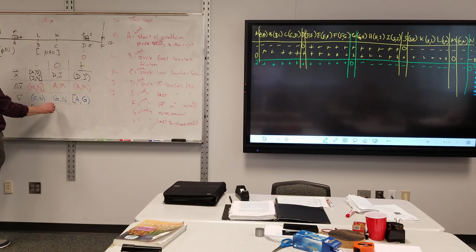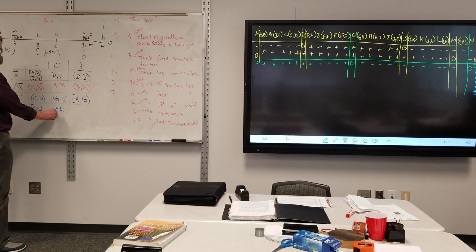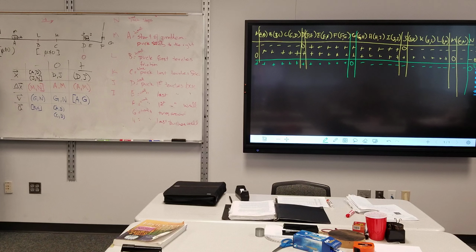So it's zero from A to B, not including B. Then from C to D, zero, so not including C, and not including D. From D to E, negative. E to F, zero. So not including E.